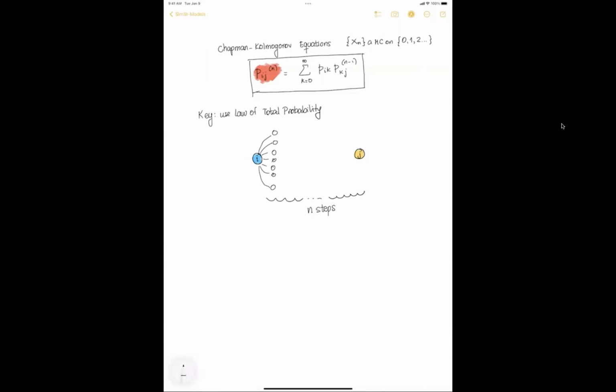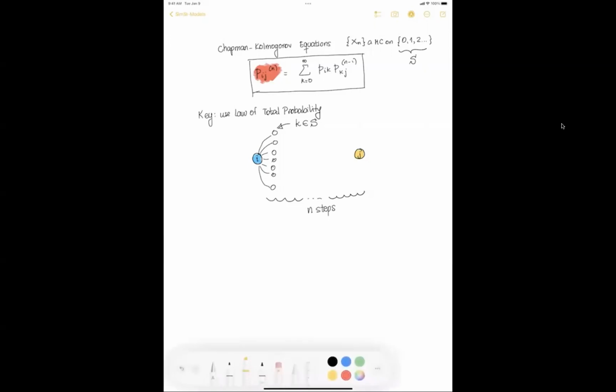What is the intermediate state? Well, I'm going to label this intermediate state with a k. I'm going to say k is any state in the whole state space. The state space is basically the natural numbers plus 0.